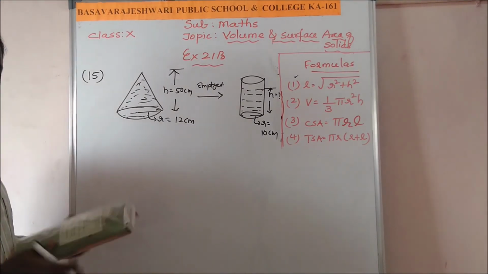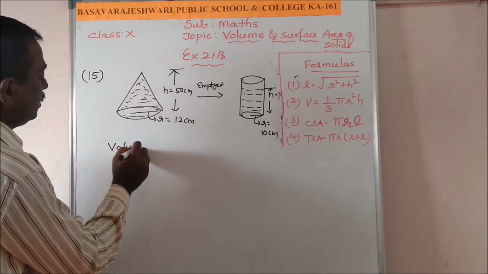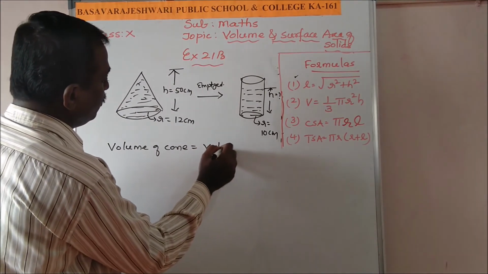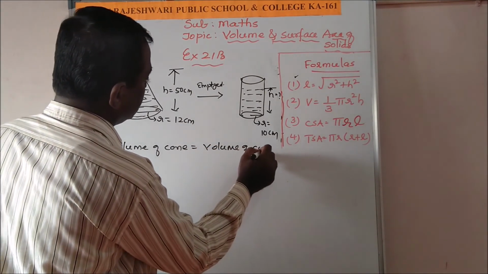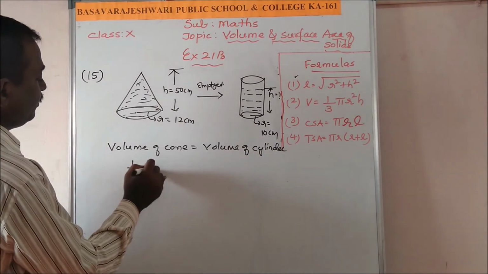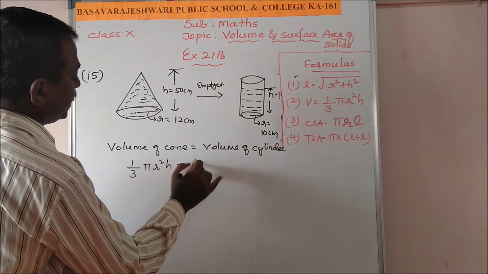That is nothing but a volume only. So volume of cone is equal to volume of cylinder.